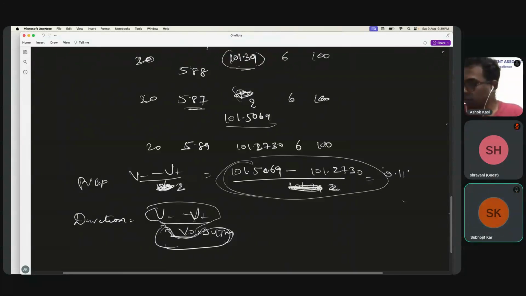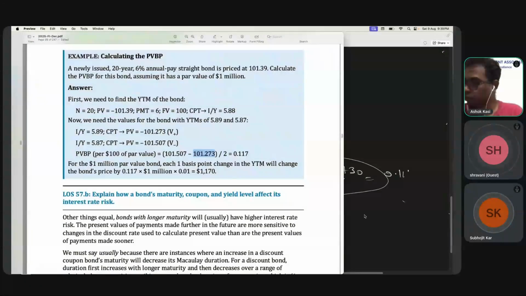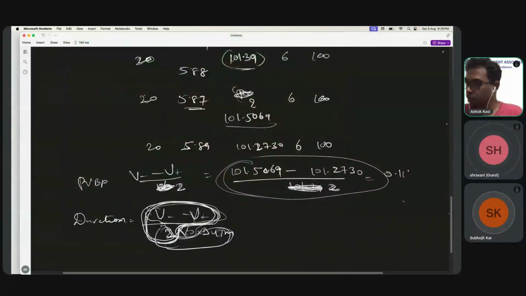Sorry, this was the average, and this becomes the PVBP. My earlier explanation was wrong. So 0.1169 is the PVBP.